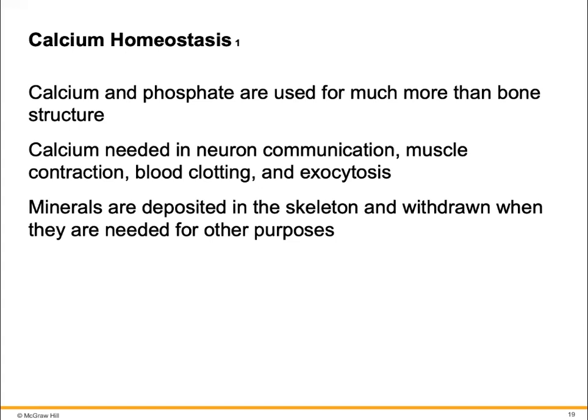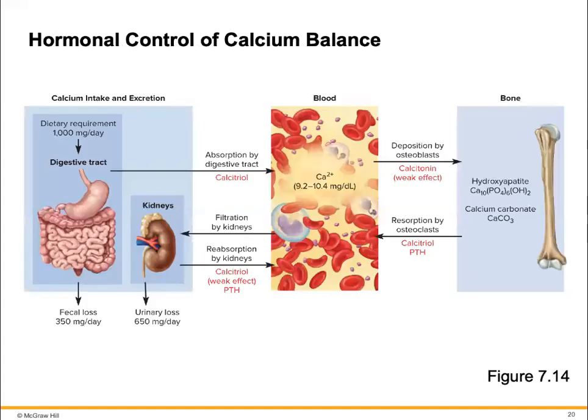So if we look at calcium homeostasis, it's actually maintained by hormones, and about 18% of our skeletal calcium gets exchanged with our blood each year. Most of this exists as what we call hydroxyapatite, which is a combination of calcium and phosphorus.